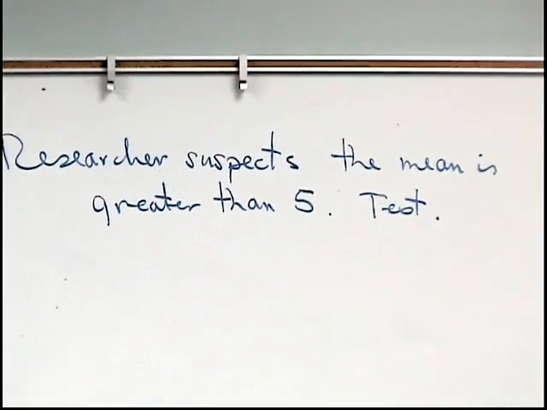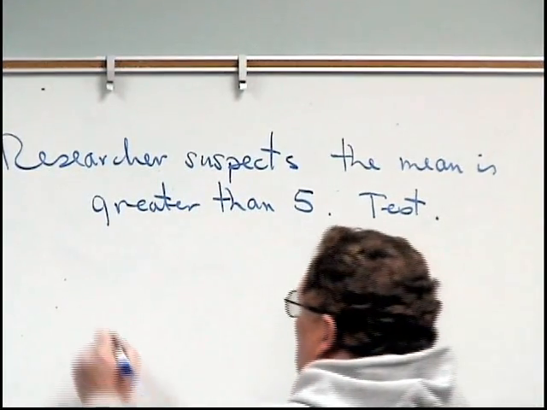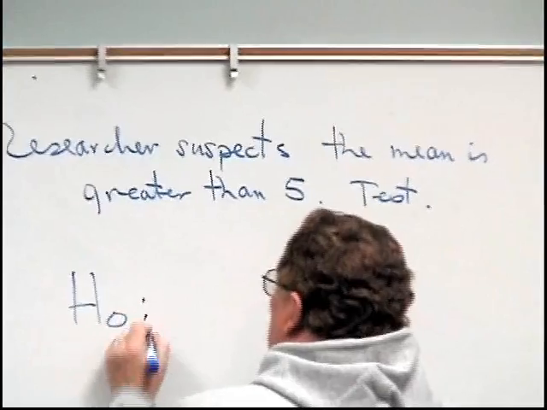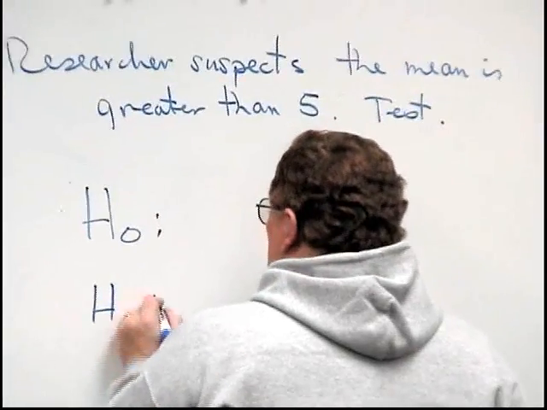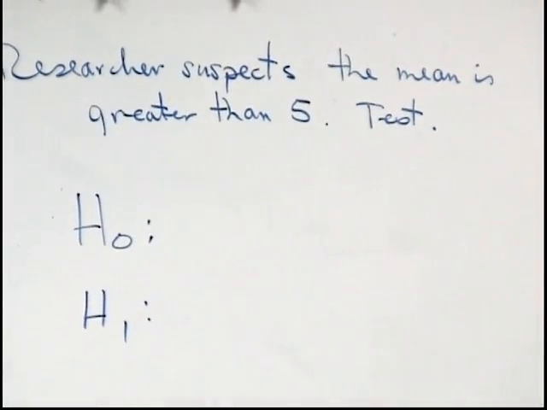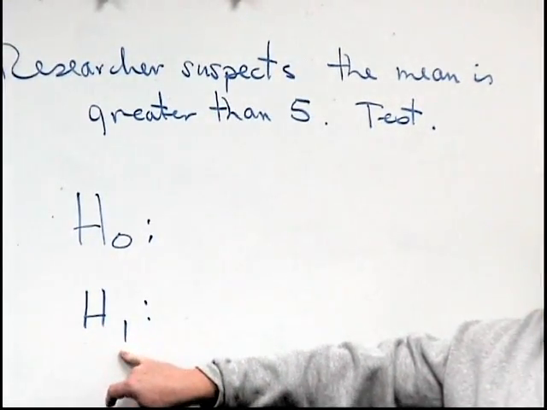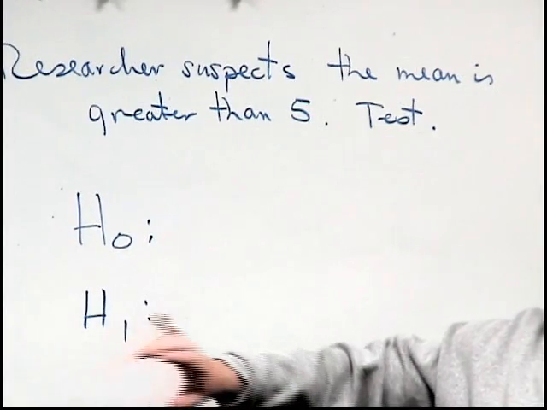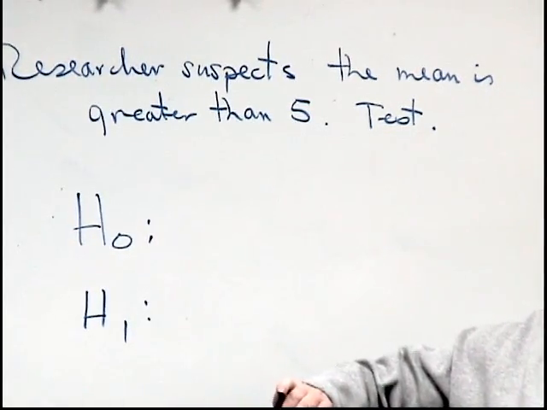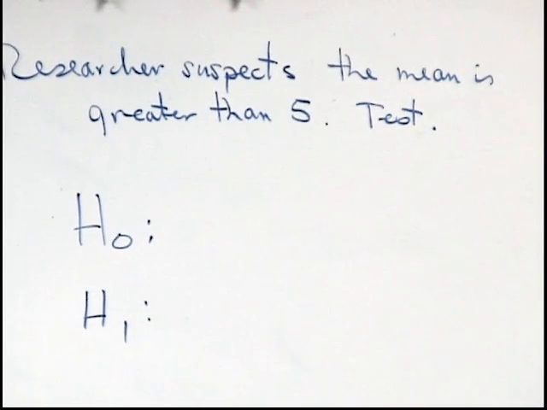Well, before we get to the answer, we have to talk about how you set up the null and the alternative hypotheses. Depending on what class you took, some books write H sub A for the alternative. Are you used to using A or using 1? 1. Okay, so 1, that's fine. What is the appropriate null hypothesis for this problem?